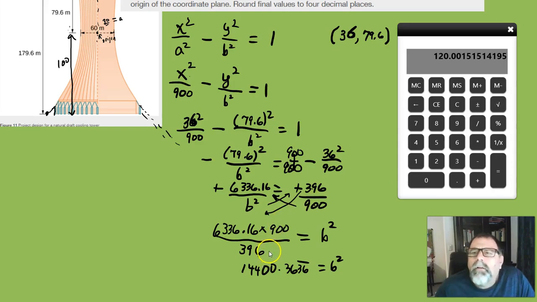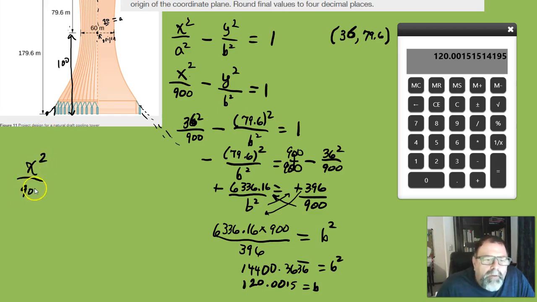And then square root it. They wanted me to go to 4 decimal places, so 120.0015. All right, but we wanted the equation of the hyperbola, so that's x squared over 900.